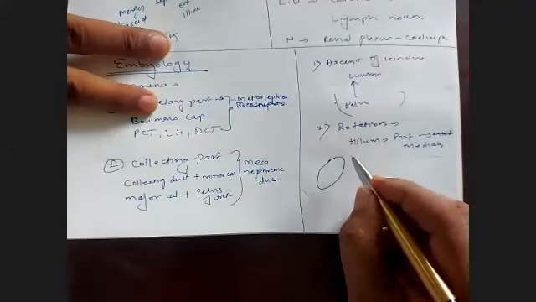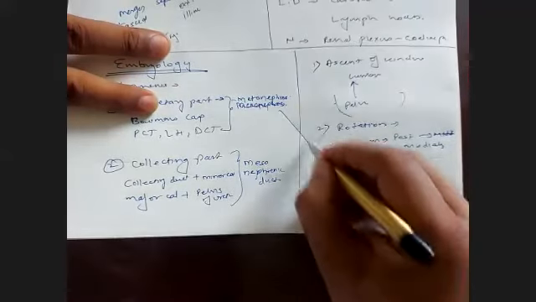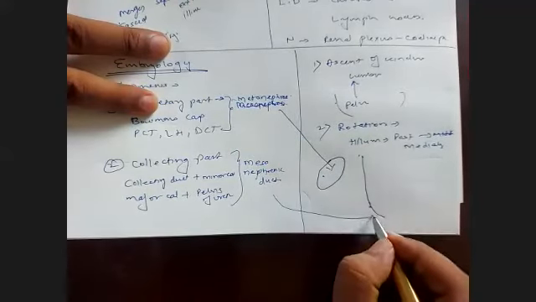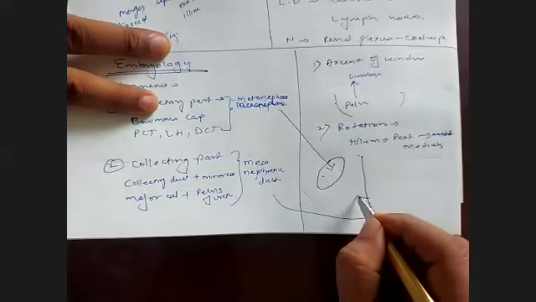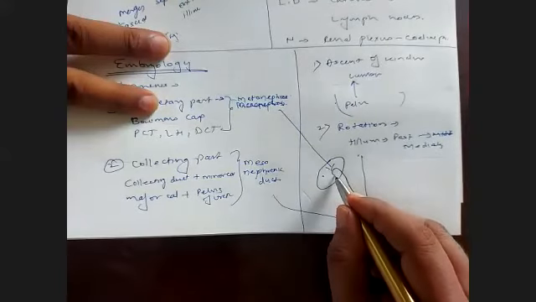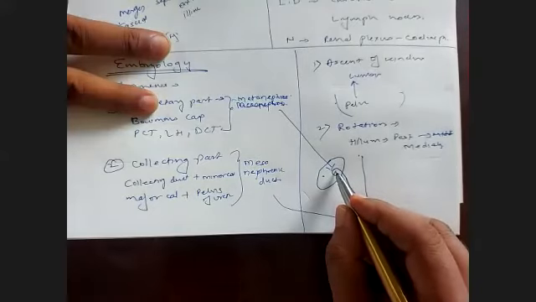Okay, so suppose this is the metanephric blastema and this is the mesonephric duct. So this is the metanephros. From the duct arises the ureteric bud, and it goes inside the kidney, and this forms the collecting part: the collecting tubules, minor calyces, major calyces, pelvis.